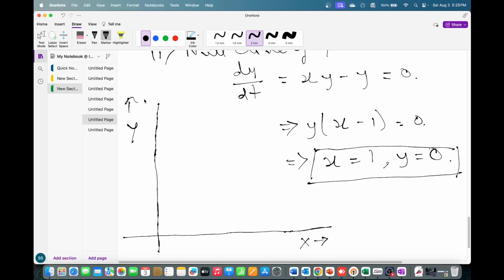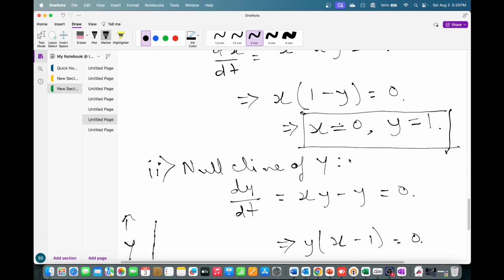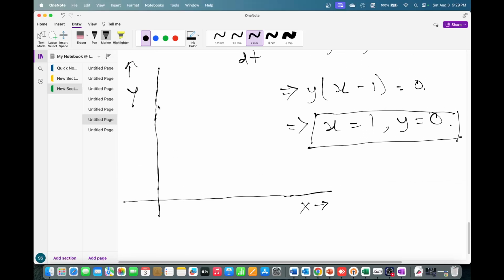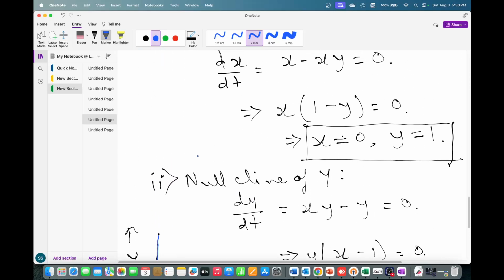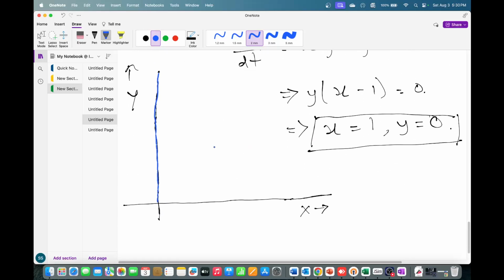Okay. Now let's first plot the nullcline of x: x equal to 0 and y equal to 1. So x equal to 0 is basically your y-axis. I am marking the nullclines of x using blue, just to remember. So this is one nullcline of x, which is x equal to 0, the y-axis. The other nullcline of x is y equal to 1. y equal to 1 is parallel to the x-axis.